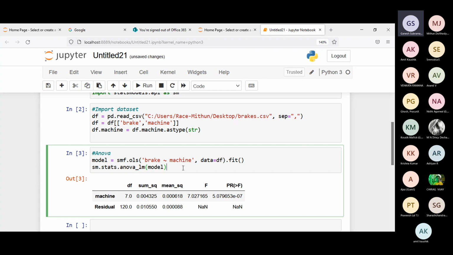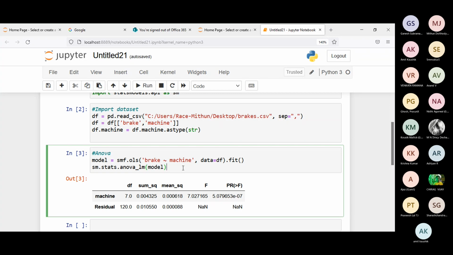Will I be getting a different result than yours? Ideally speaking, unless you made changes in the file in your system, you should not get different results. Okay. Where is the difference? Is there any specific statistic where there is a difference? So for me, the machine itself shows DF as 1.0 rather than 7.0.